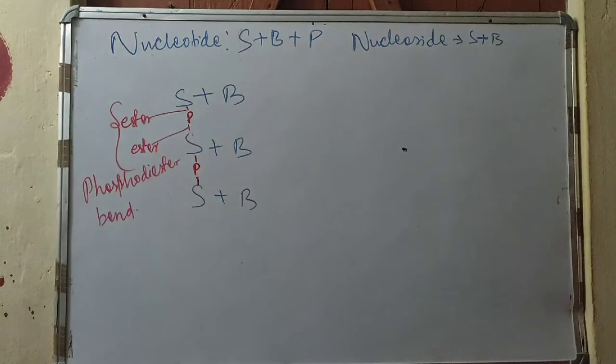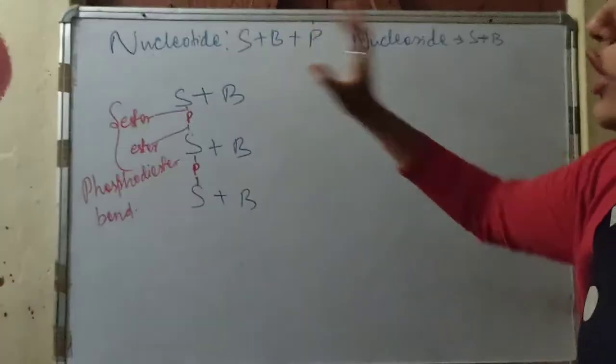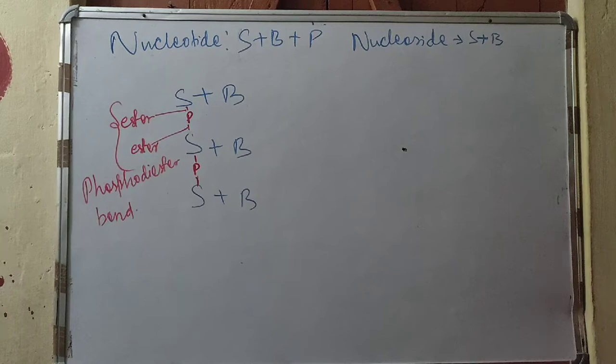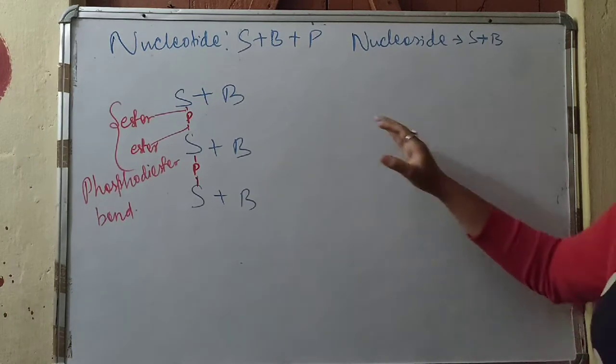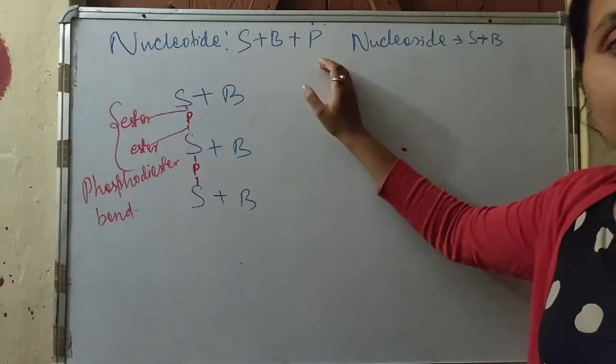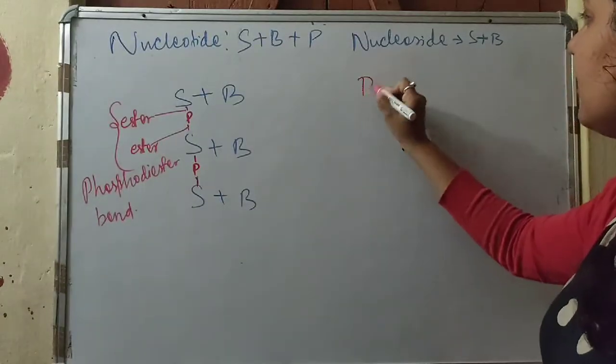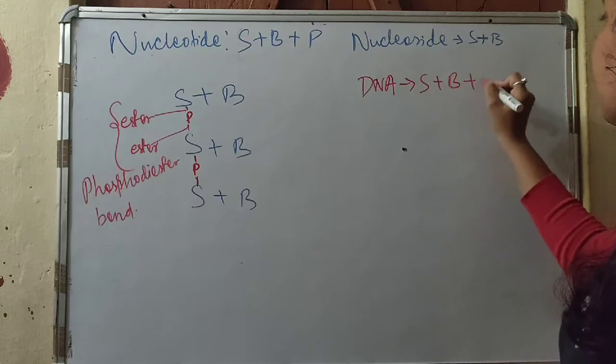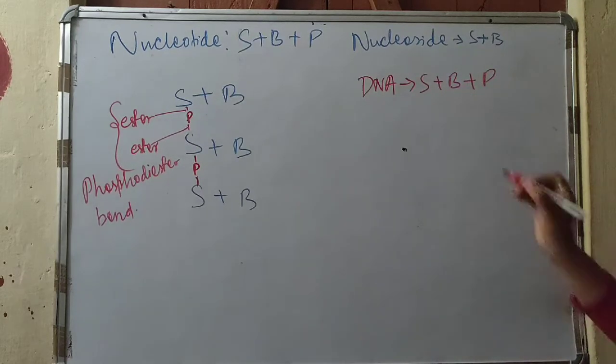Why is the phosphodiester bond important? Because the nucleotide is the main constituent of the life form, that is DNA and RNA, they are made up of sugar, phosphate and base. DNA is made up of sugar plus phosphate plus base, right?